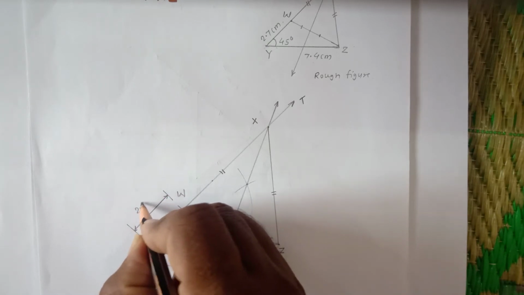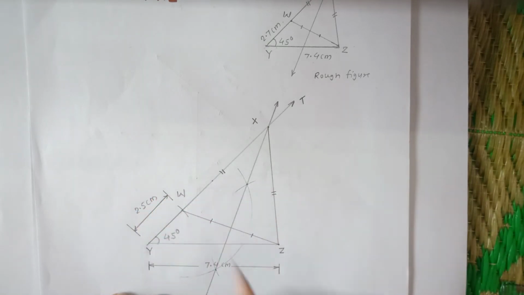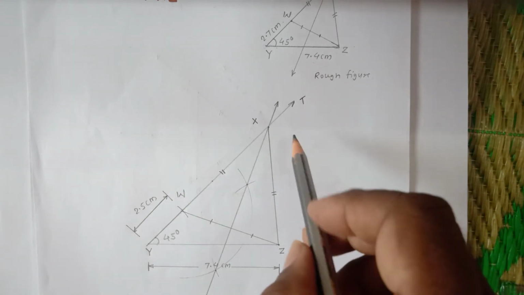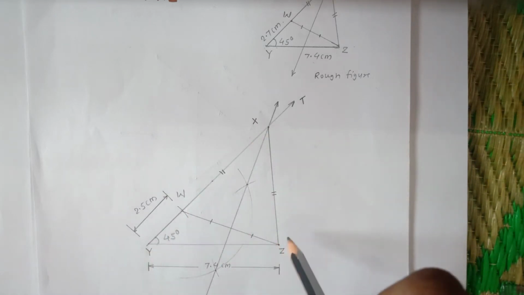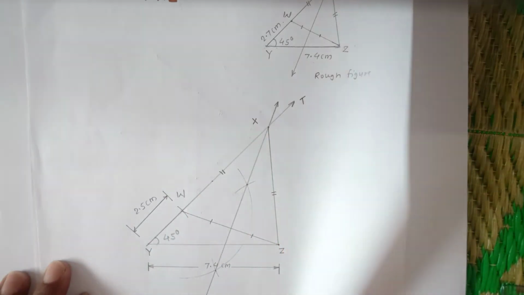This distance is 2.7 centimeter. In this way, we have constructed triangle XYZ here.